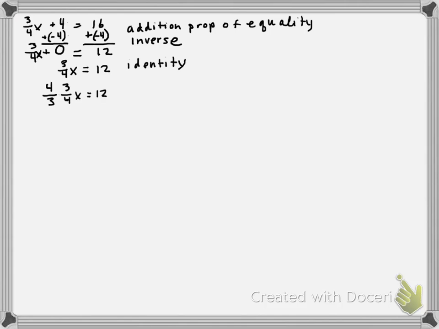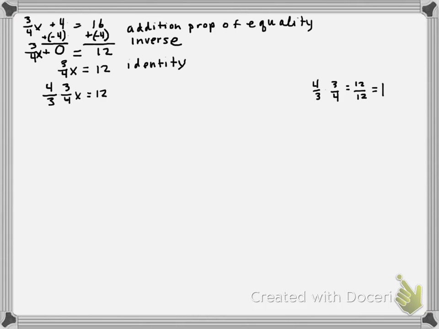If you want to see why that's going to work, 4/3 times 3/4. Remember how to multiply fractions, you multiply the top and you multiply the bottom. 12/12 equals 1. So those cancel out.